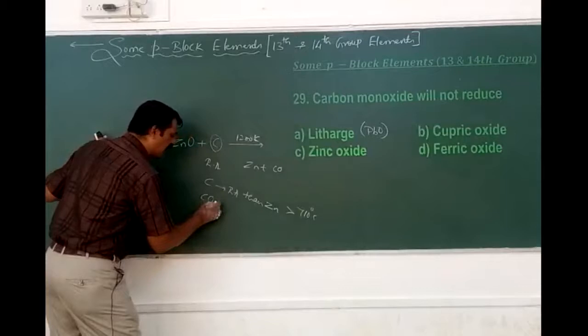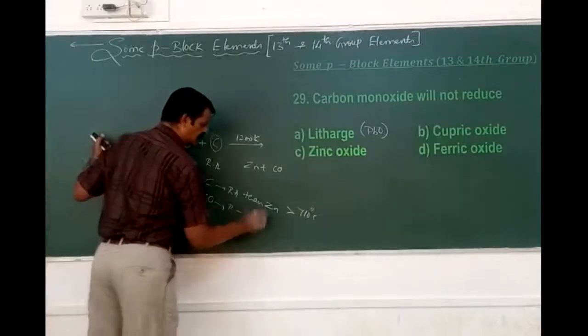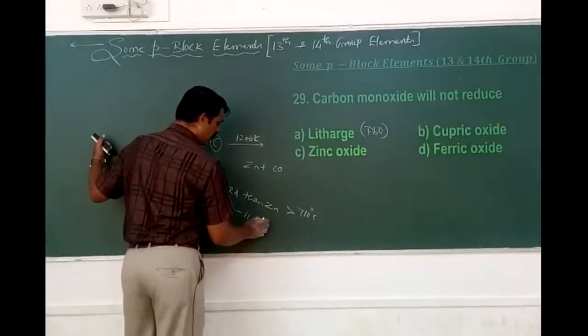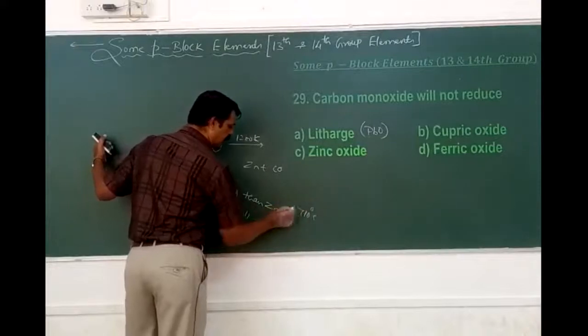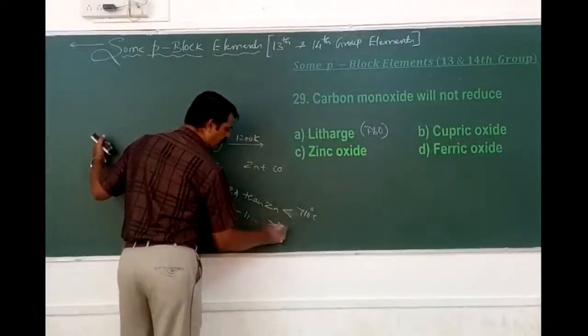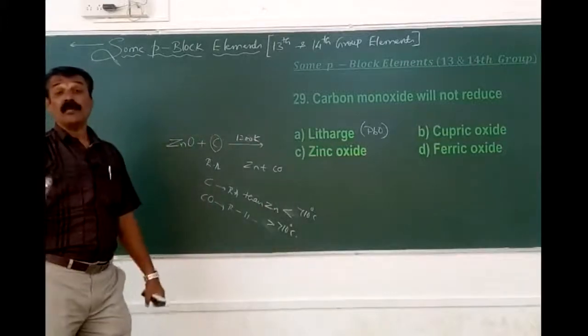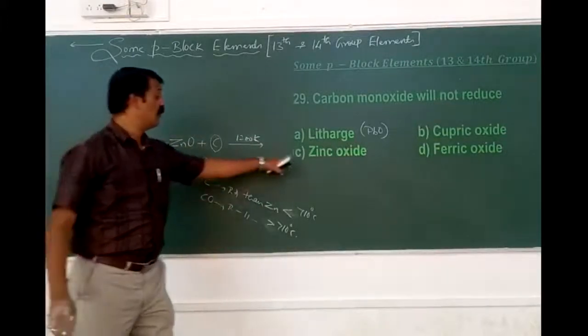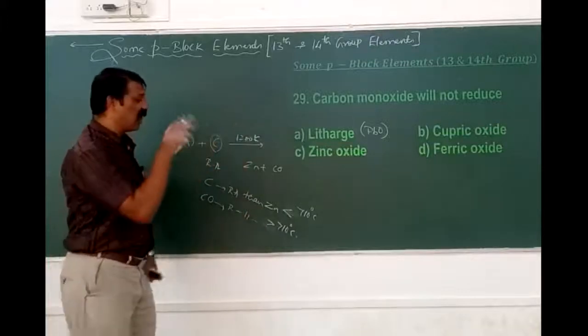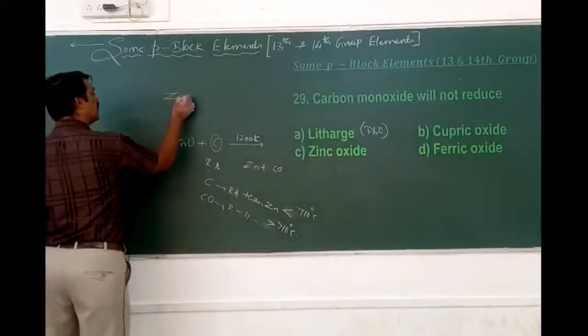Whereas carbon monoxide is a better reducing agent below 710. Here it is greater than 710. Means we can't select carbon monoxide as a better reducing agent for which one? The zinc oxide.